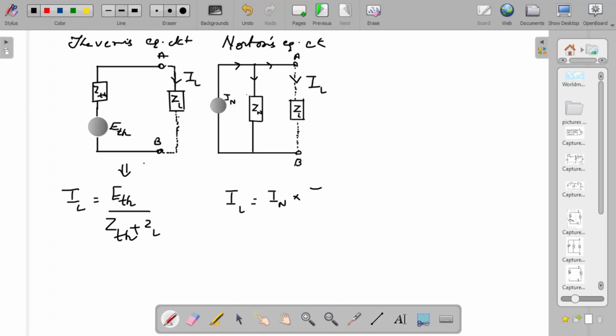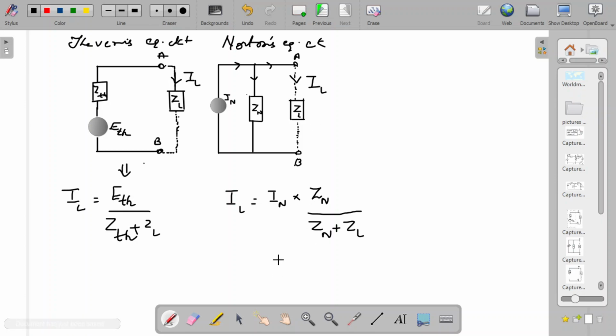Okay, so the impedance of the opposite branch divided by the impedance of the opposite branch plus the impedance of the same branch, that is ZL. So actually from this circuit the IL can be written as the main current IN multiplied by the impedance of the opposite branch Zn divided by the impedance of the opposite branch plus the impedance of the own branch.